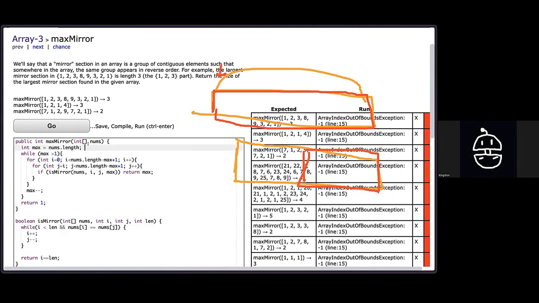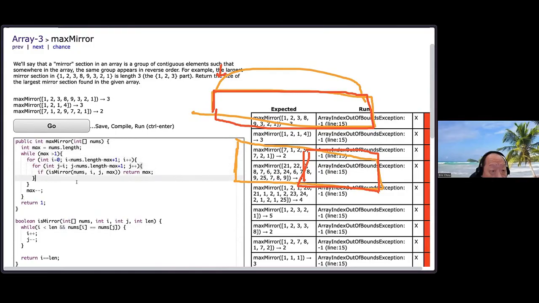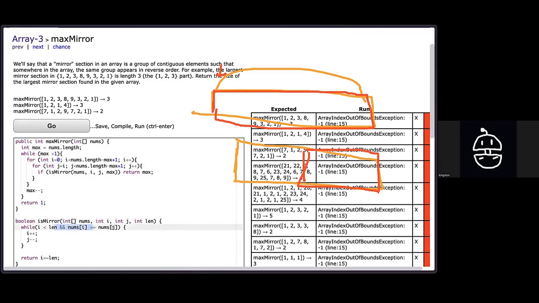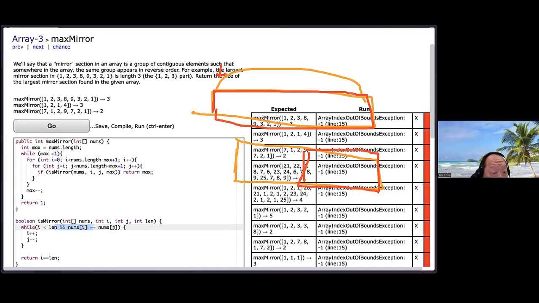Oh. Out of bounds, something out of bounds. You modify it, okay? And something is wrong. This one. While i less than length, i increase. Oh, i also needs to be less than nums length.